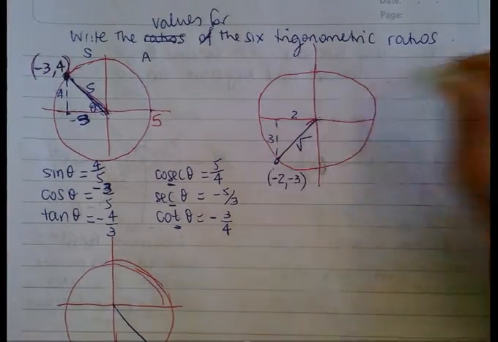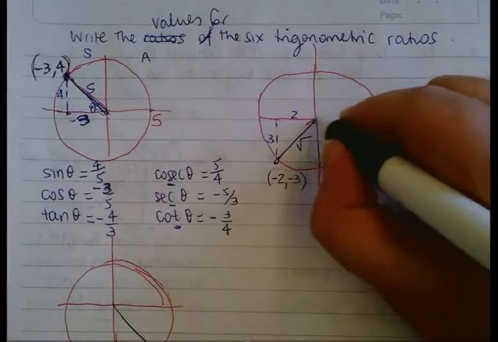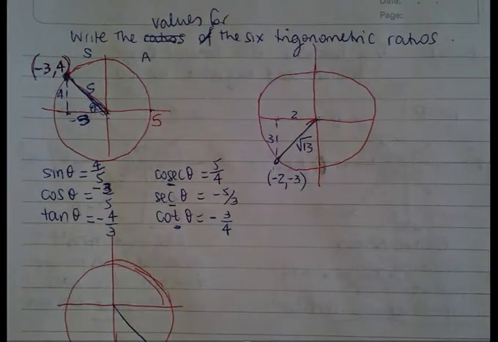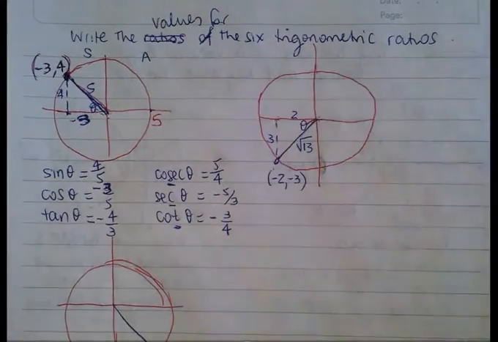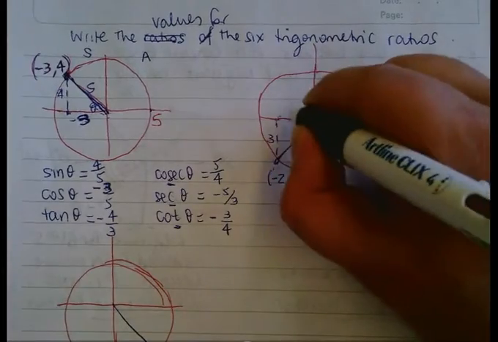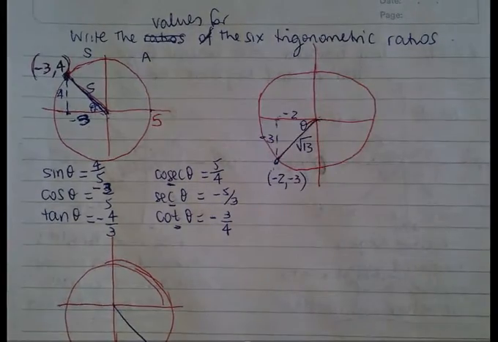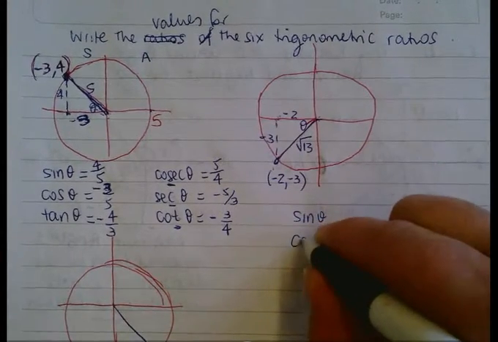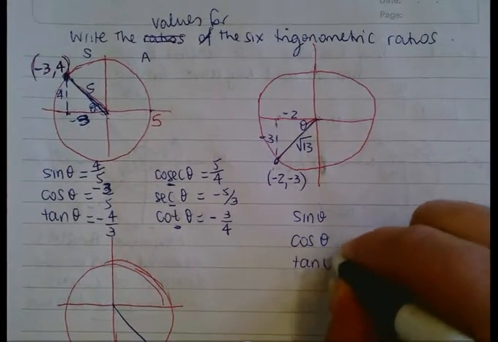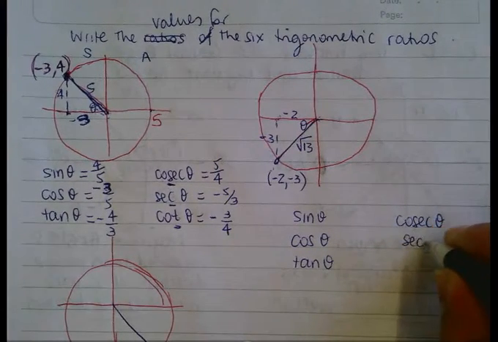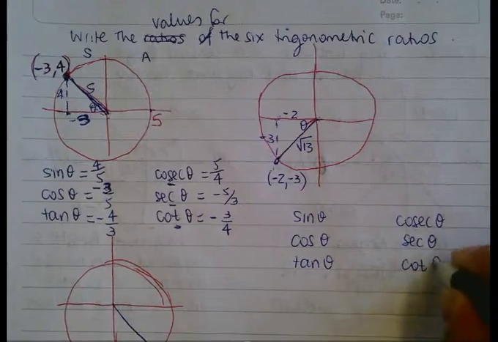The square root of 2 squared plus 3 squared. Square root of 13. Okay. Here is theta. Theta always touches the x-axis. And this is the point -2, -3. If you want, you can put your negatives in to help you. So I want ratios for sine theta, cos theta, tan theta, and cosec theta, sec theta, and cot theta.